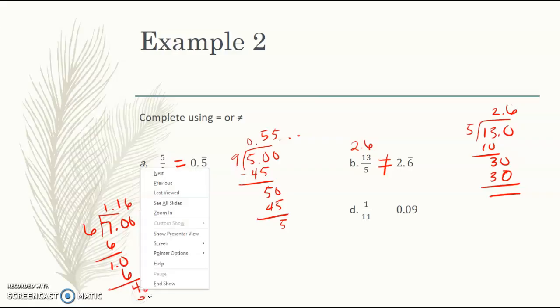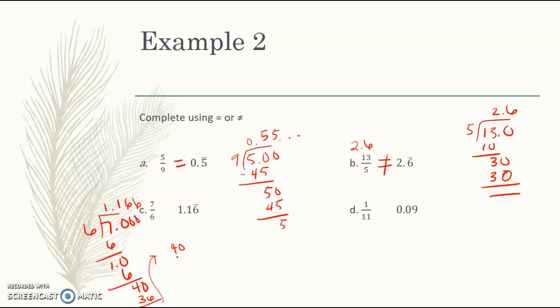So then I have 36, of which, when I subtract, I am left with 4. So then I add in my 0. And so again, we do another 6, which is 36, and we subtract and we get 4, and so I notice that I now have this repeating 6, and so that does mean that 7/6 is equal to 1.16 repeating, because I'm just going to keep getting 40 and then going into 36.